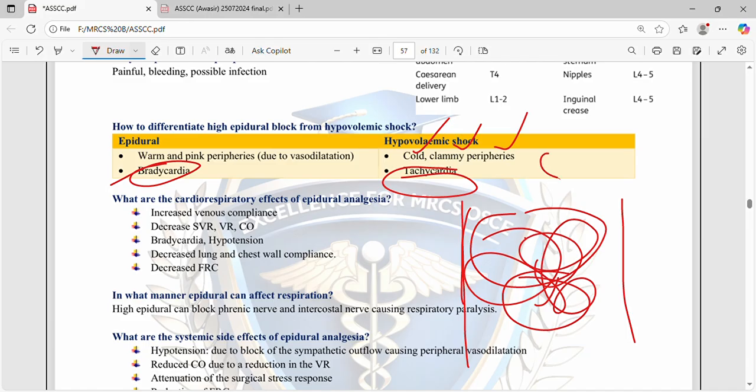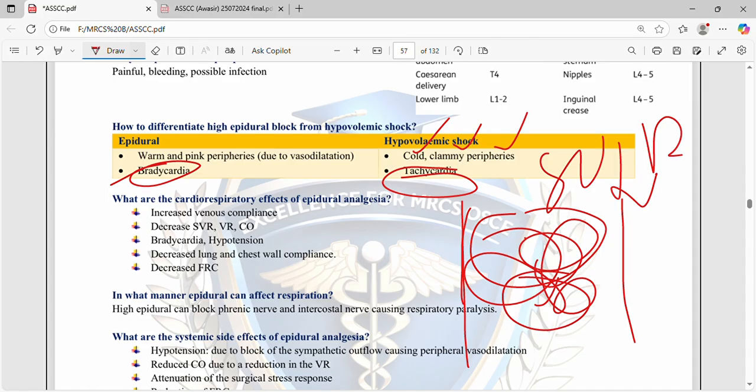Systemic vascular resistance decreases and venous return decreases in turn. Then there will be reduced preload, and it will lead to decreased cardiac output, decreased lung and chest wall compliance, and decreased FRC, functional residual capacity.